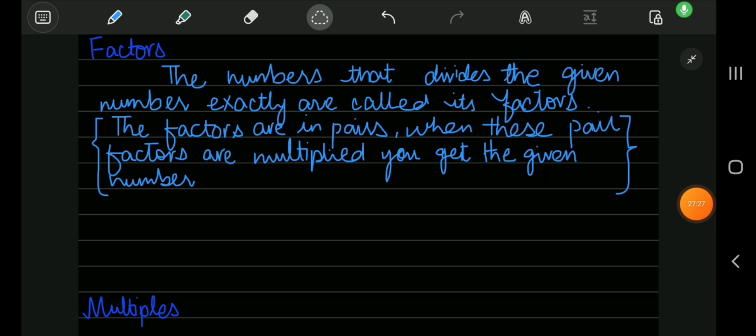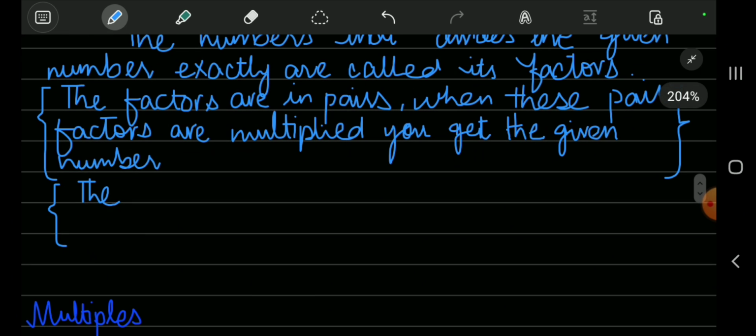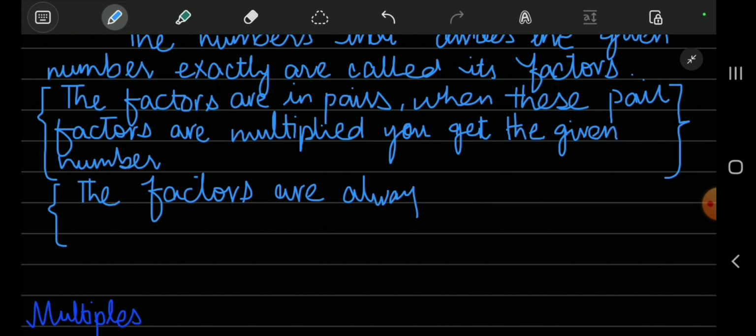Before that, one other important thing to remember: the factors are always smaller than or equal to the number.